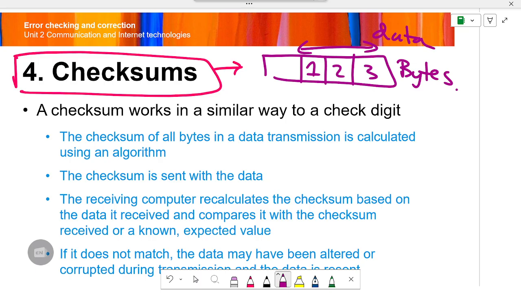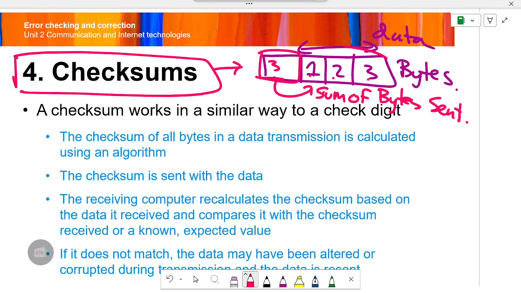What a checksum is: when I send the data, I can add some data here. I have 3 bytes, so I'm going to say that there are 3 bytes of data. And so this is a sum of bytes sent.